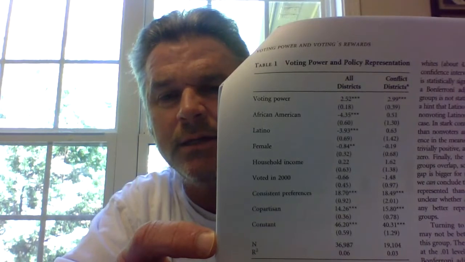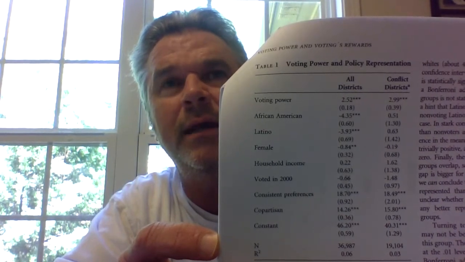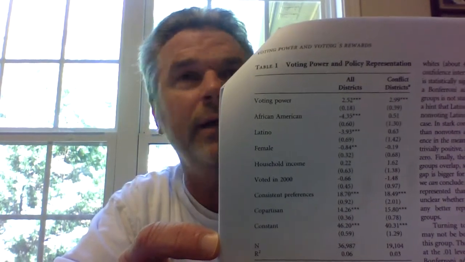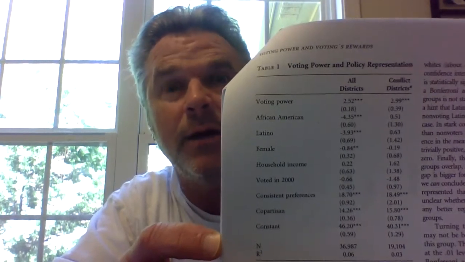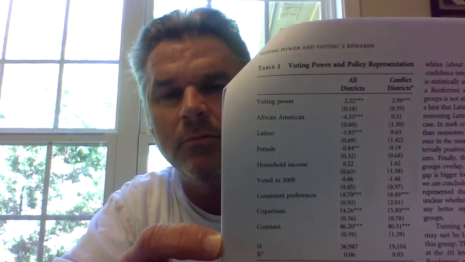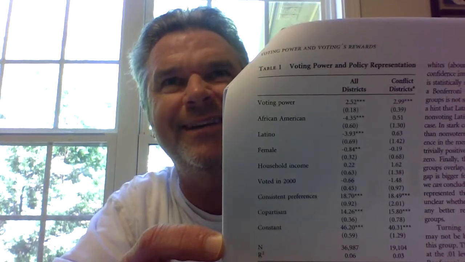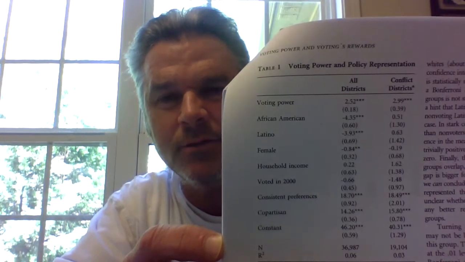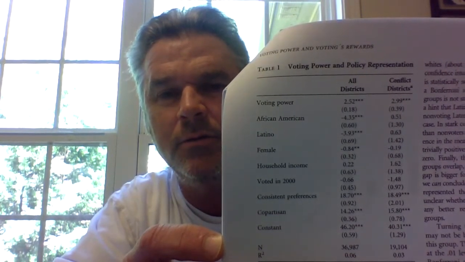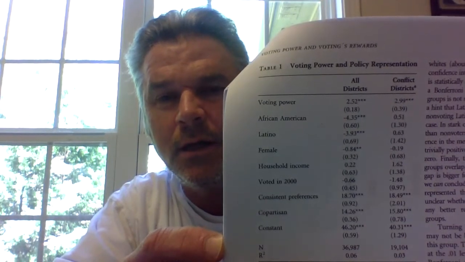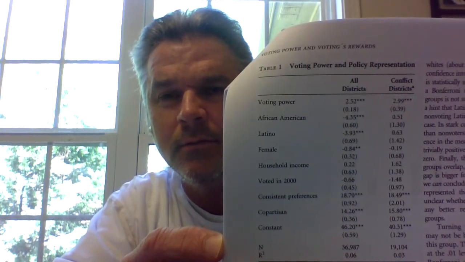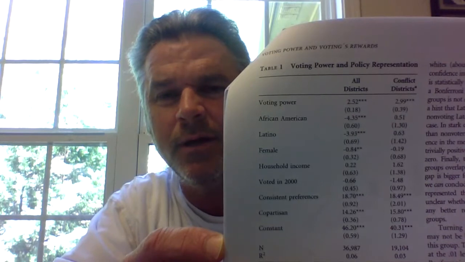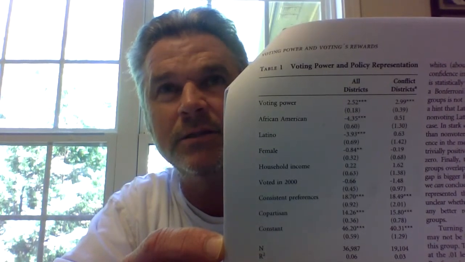Okay, now let's look at our racial categories. African American, Latino. Again, what is the omitted category? White, or all other races. That's your reference category. So compared to Caucasians, what effect does being African American have on policy representation?